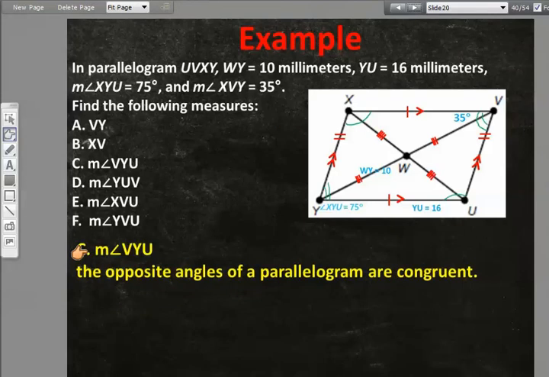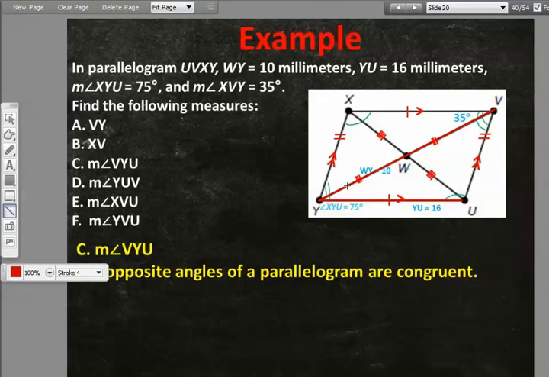Okay, the measure of angle VYU, let's mark it up. I like to do that. V to Y to U. They want to know what is the measure of that angle right in there. Now this can be kind of tricky. We know this whole angle right here is 75 degrees. That means this whole angle is 75 degrees.